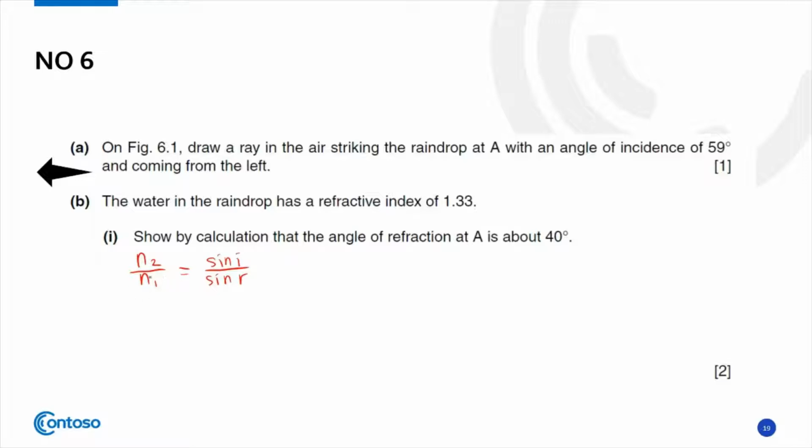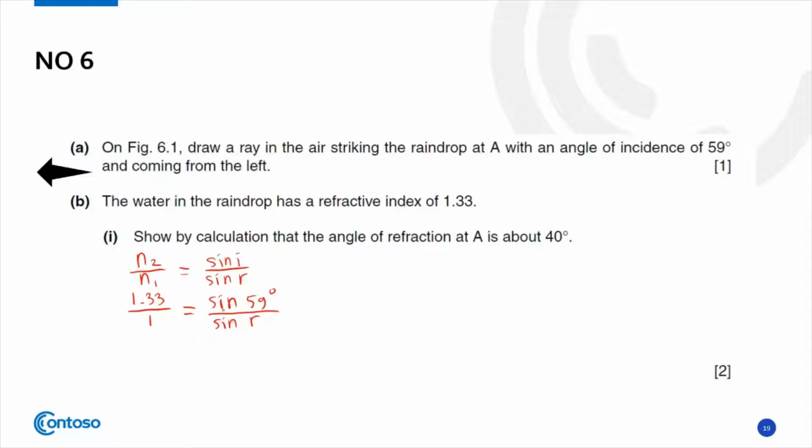N1 is the refractive index of air because the first medium is the air. So this is 1.33 over 1, 1 is the refractive index of air, equals sin 49 degrees, this is the angle of incidence, over sin R.